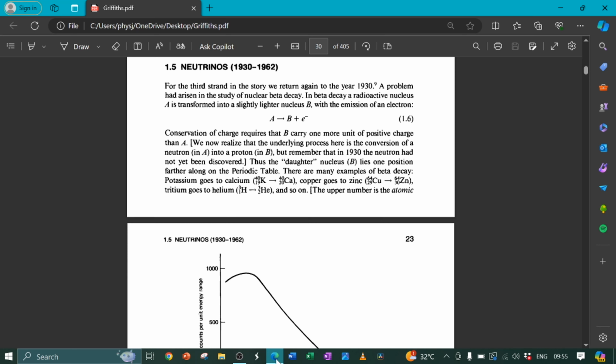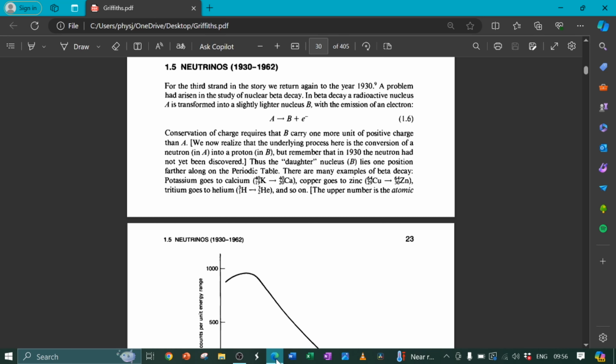Conservation of charge requires that B carry one more unit of positive charge than A. We now realize that the underlying process here is the conversion of a neutron in A into a proton in B. But remember that in 1930, the neutron had not yet been discovered. Thus, the daughter nucleus B lies one position further along on the periodic table.